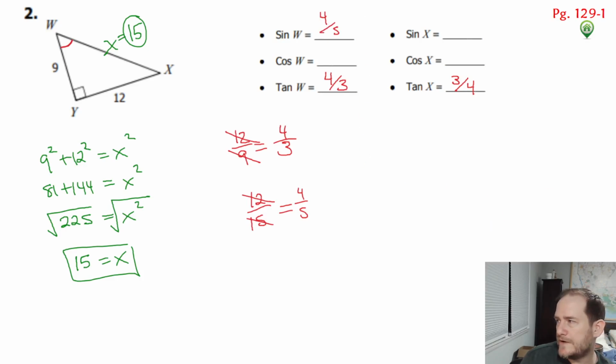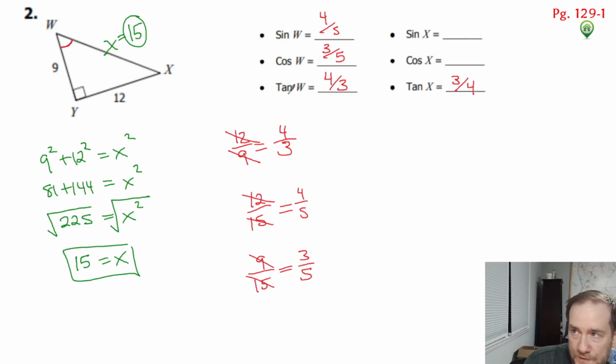And the cosine of W would use adjacent over hypotenuse. It would be 9/15. But those numbers are again divisible by 3. So this time you get 3/5. But there's all three trig functions for W.